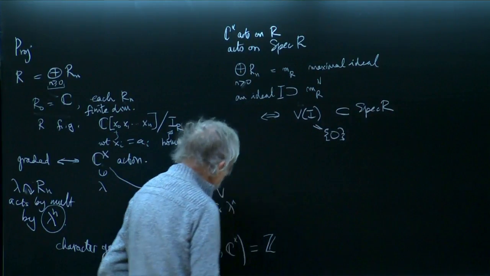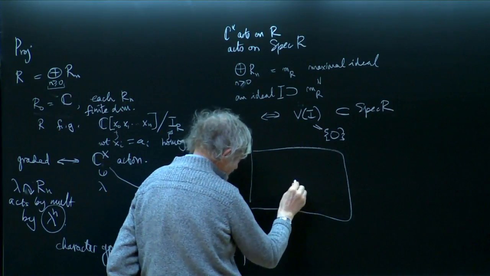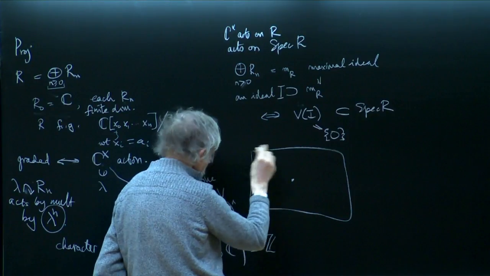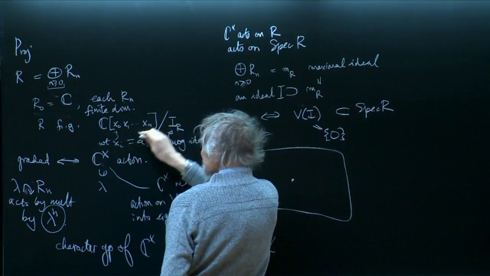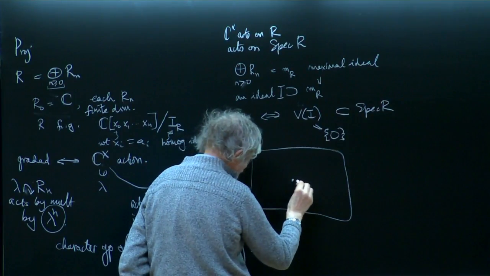And if I'm just talking about the ordinary affine space, if this is spec of just the polynomial ring, if the ideal there is nothing, then here is the group action.